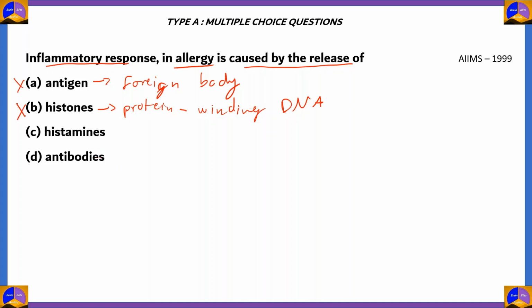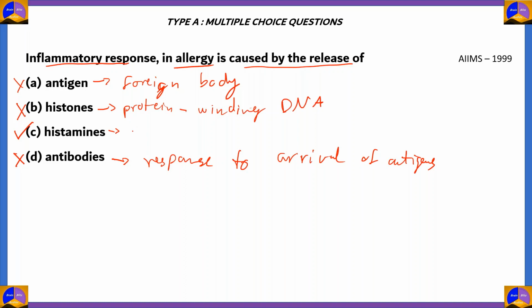What about option D, antibodies? Now, antibodies are a response to the arrival of antigens. Therefore, option D is incorrect. The right answer is option C, histamines.